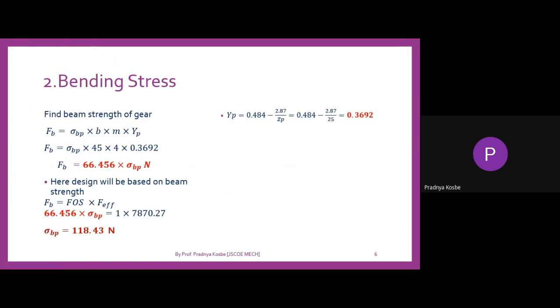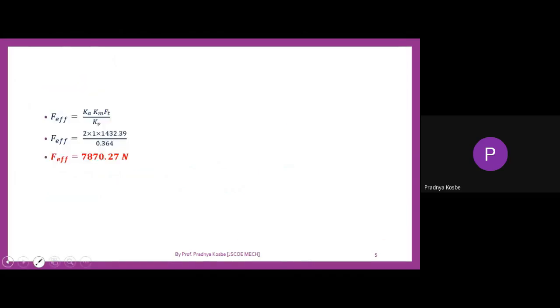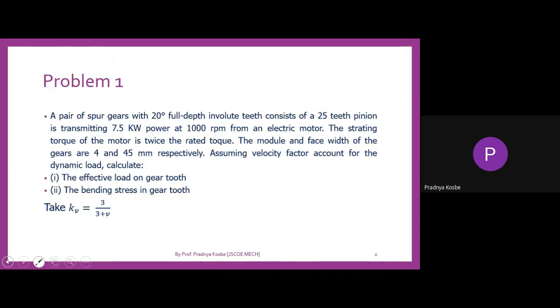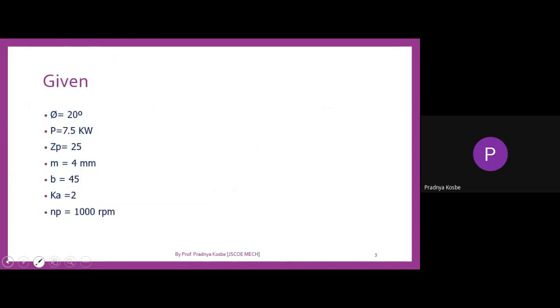Then beam strength is unknown, but we can find out beam strength. That beam strength is equal to factor of safety into F effective. But in the problem statement, if you see, the factor of safety is not given. So you can assume anything, but on the safer side, assume factor of safety equal to 1.